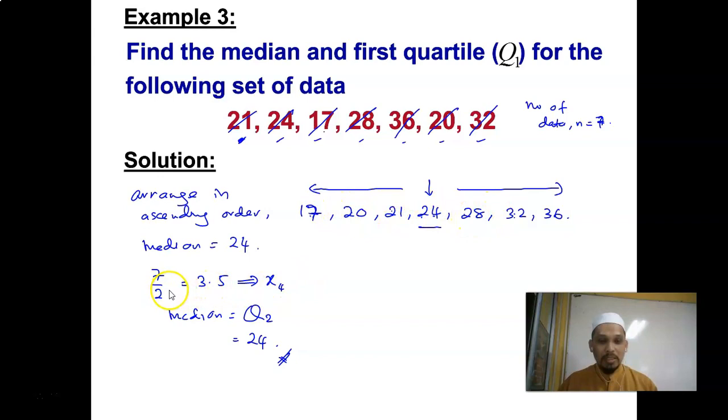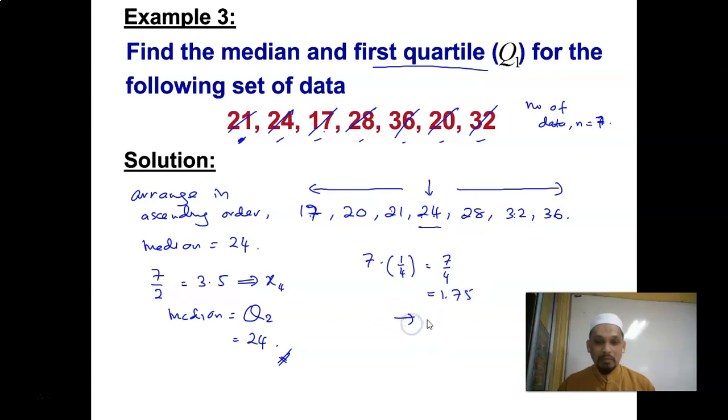But because every single step is a mark, I do strongly suggest to all of you to write down like this. And then first the median and the first quartile. First quartile, so then 7, the number of data, multiplied with the first quartile 1/4, which is equal to 7/4 or 1.75.